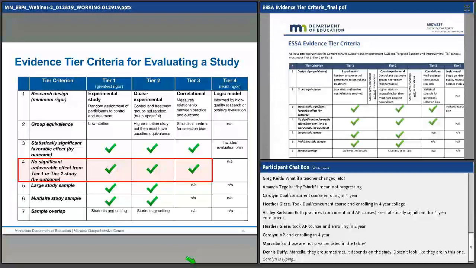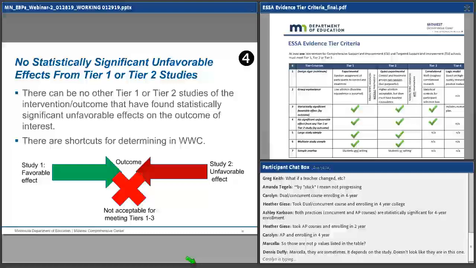The second point around significance and our criteria number 4 is that there's no significant unfavorable effect from a Tier 1 or Tier 2 study. Again, what this means is that there are no other studies besides the one you're looking at that found a negative significant effect, right? It's not good enough that you have a positive significant effect.